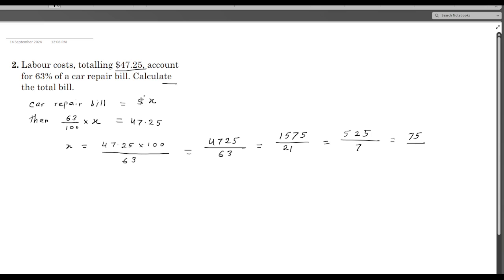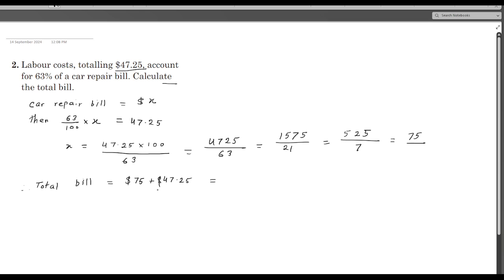Now we have to calculate the total bill. So therefore total bill will include your repair charge, which is $75, plus labor cost, which is $47.25.